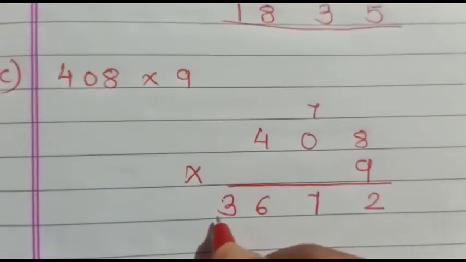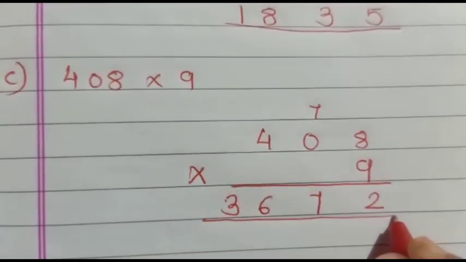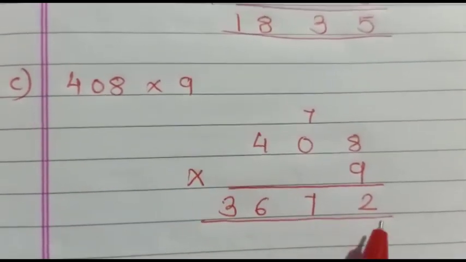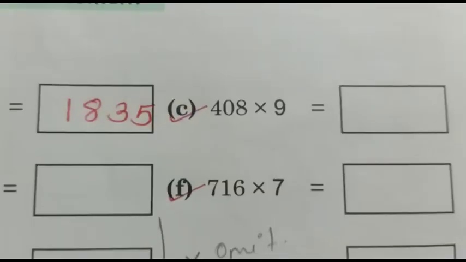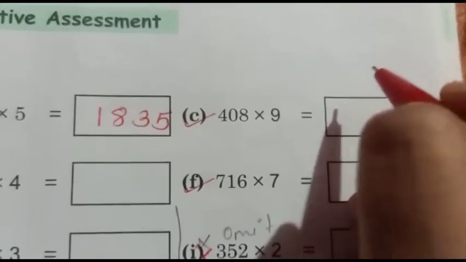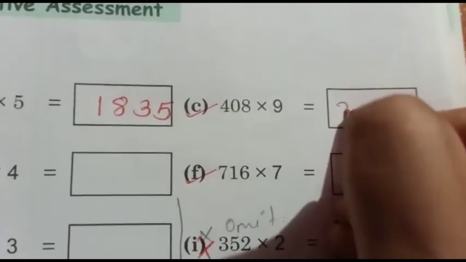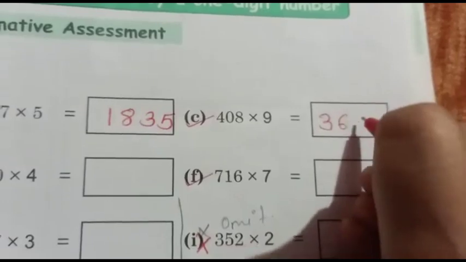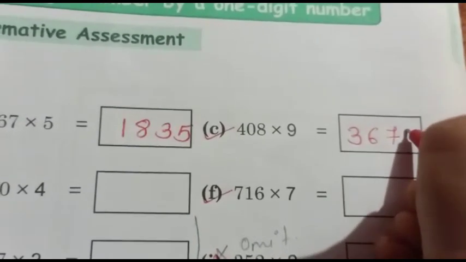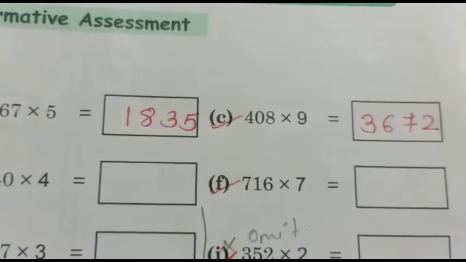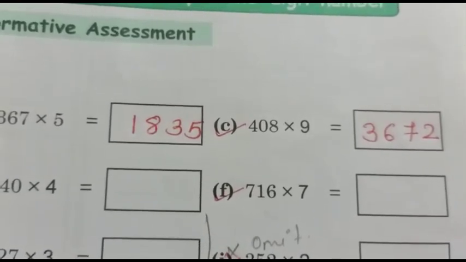So here students, your answer is 3672. Okay. So students, you have to write that answer in this box, that is 3672. In this way you have to write the answer in the box after doing the multiplication.